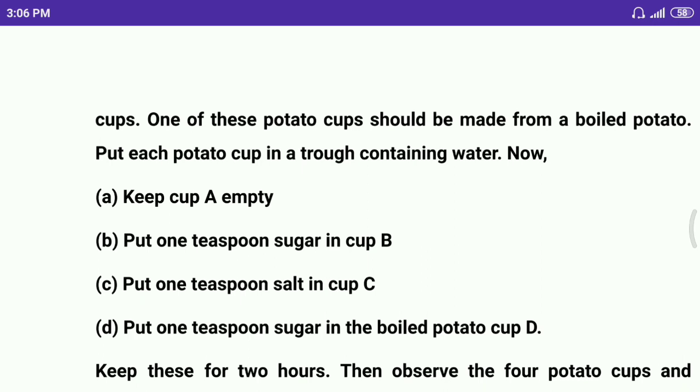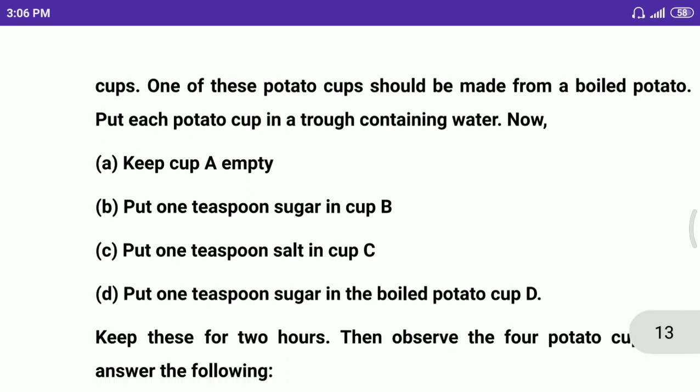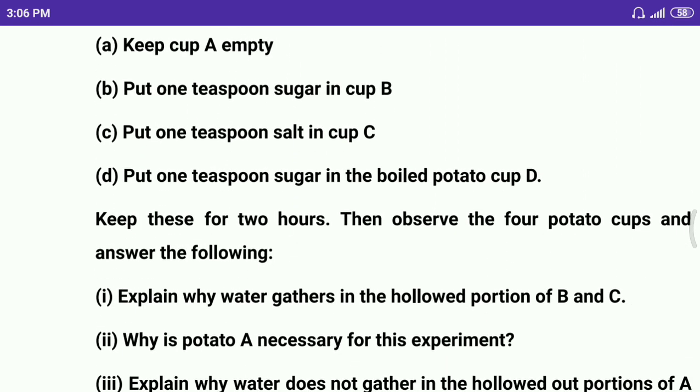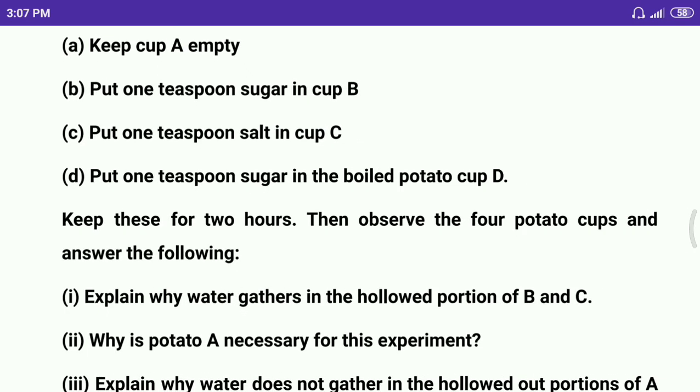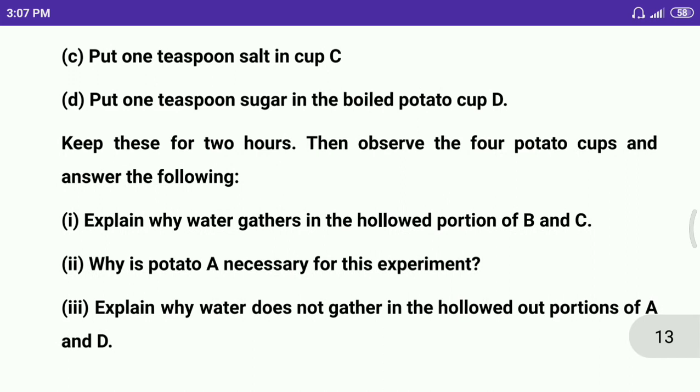Now, A. Keep cup empty. B. Put one teaspoon sugar in cup B. And C. Put one teaspoon salt in cup C. Put one teaspoon sugar in boiled potato cup D. Keep this for 2 hours. Then observe the 4 potatoes and answer the following.